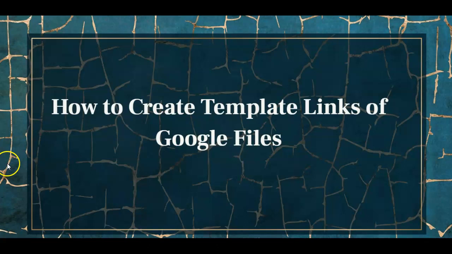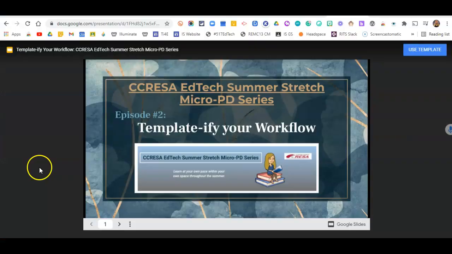Next, I'm going to show you how to create your own Google files as templates. So if you have a Google slide deck, your viewers can actually click the little blue button that says Template, and they can use your document as a template. It kind of forces a copy. So a template version of a Google file would look like this.